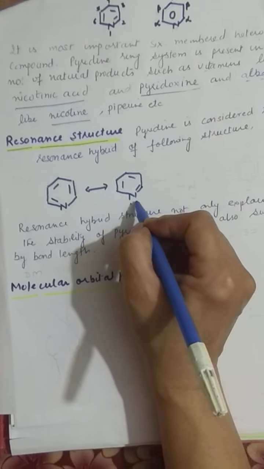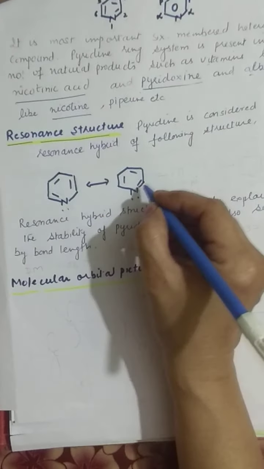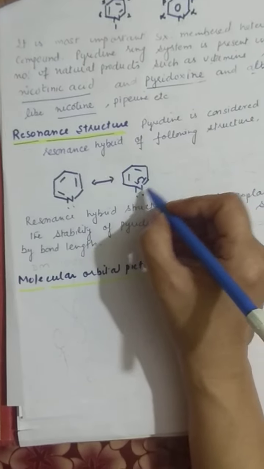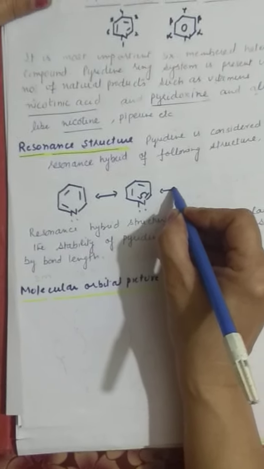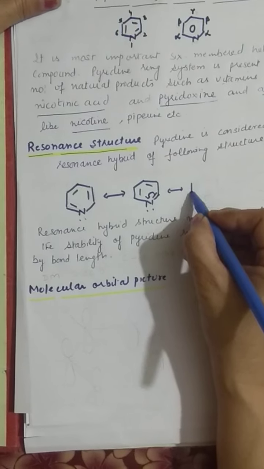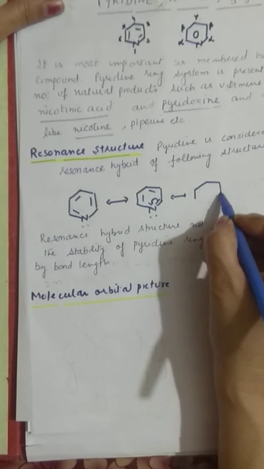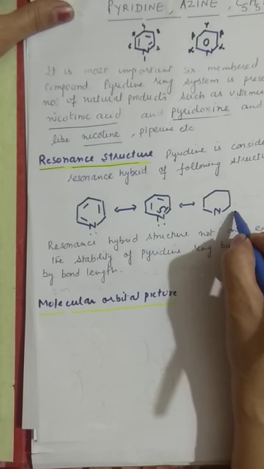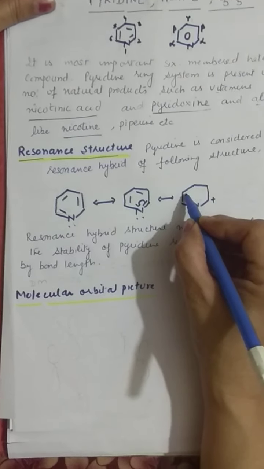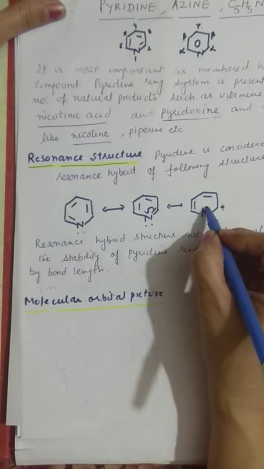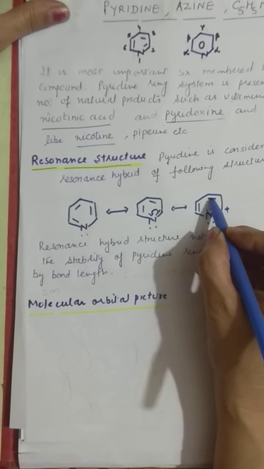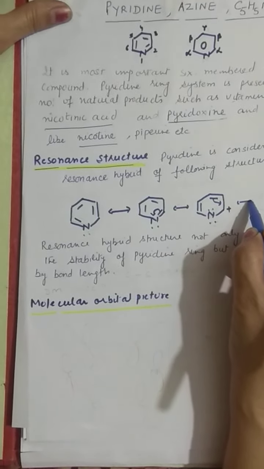So nitrogen has one lone pair of electrons, and this electron density is attracted toward nitrogen. And in the next resonating structure, this carbon acquires the positive charge. And this electron density is shifted here.